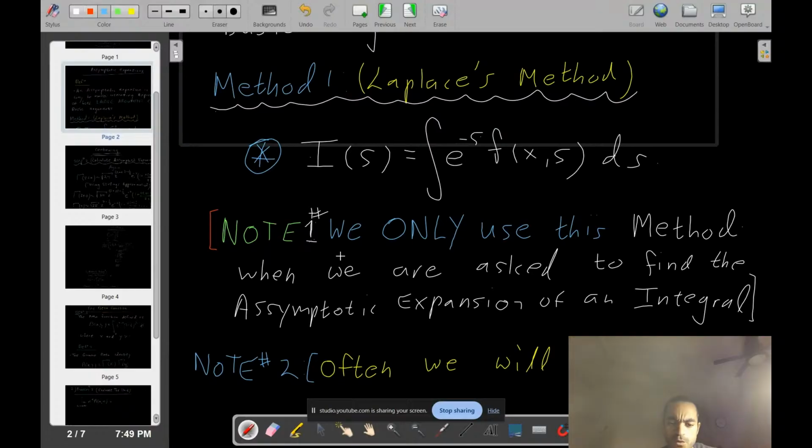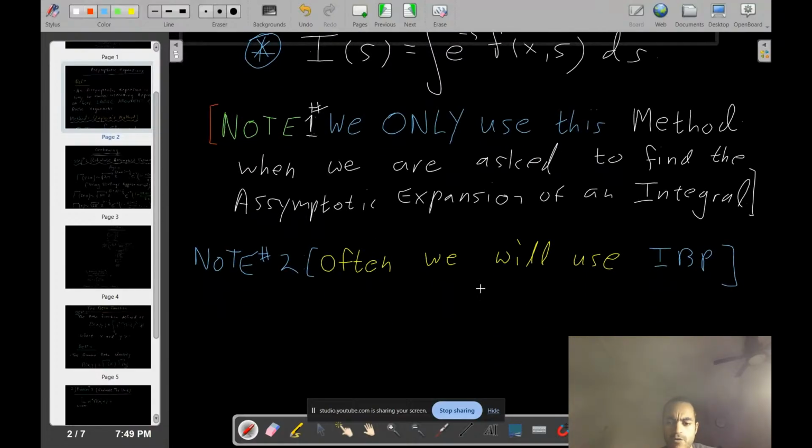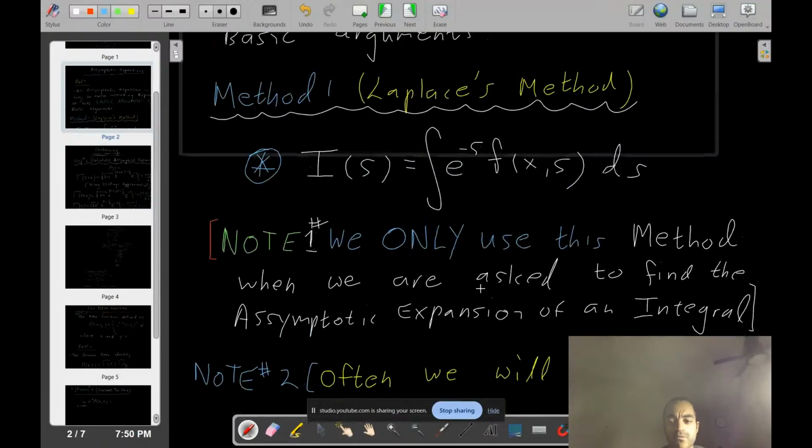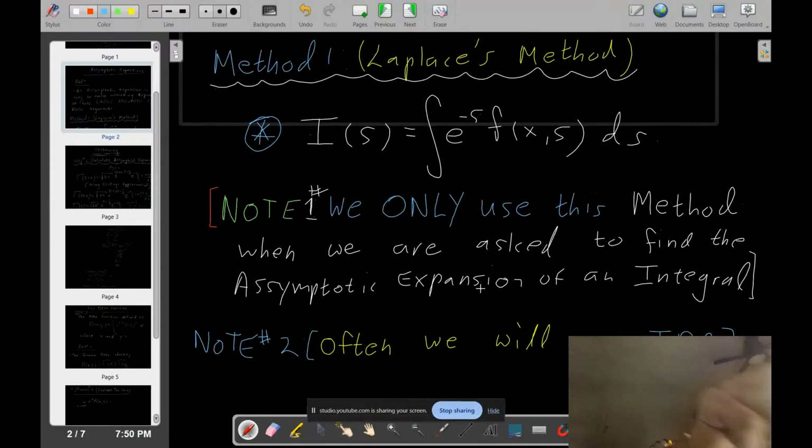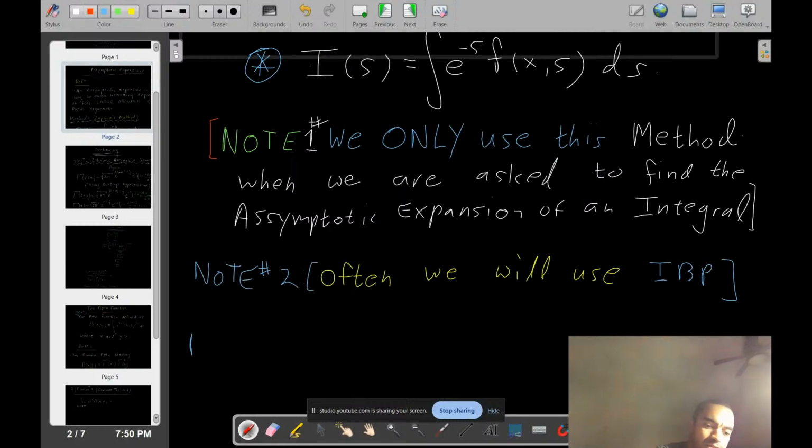All right, so we're going to continue here. So often we will use IBP, integration by parts. So this is method 1. Now we have method 2 as well. I'm going to explain what that is.